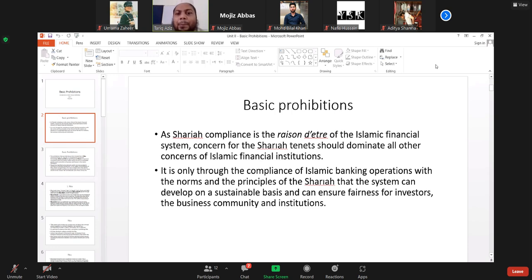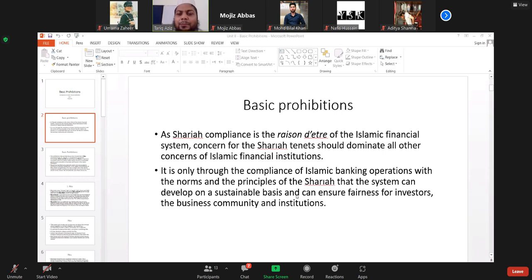It is only through the compliance of Islamic banking operations with the norms and principles of Sharia that the system can develop on a sustainable basis and can ensure fairness for investors, the business community, and institutions. So it is only through compliance that we will achieve a system that is fair and sustainable.